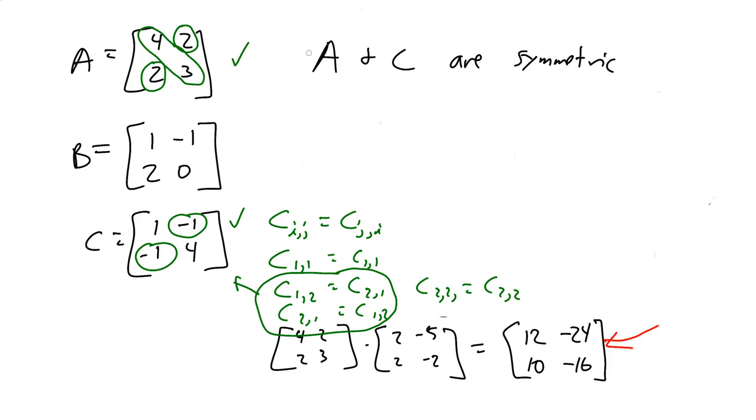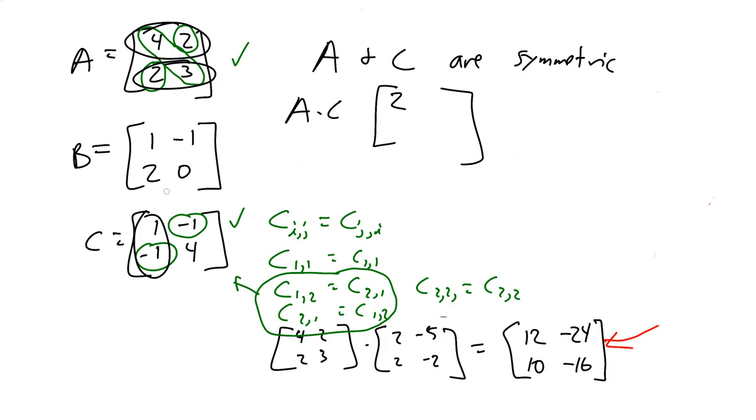Okay, now let's multiply these two things together. I'm going to multiply A times C, and what I'm going to do is take [4, 2] and dot product it with [1, -1], so that's going to give us 2. And let's take [2, 3] and dot product it with [1, -1], and that's going to give us -1.